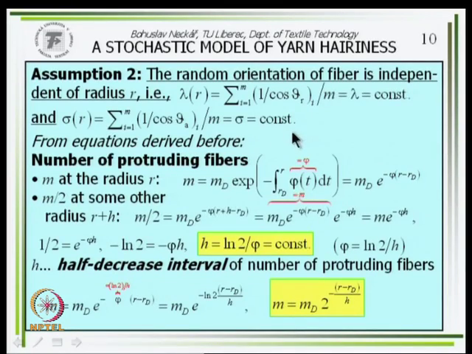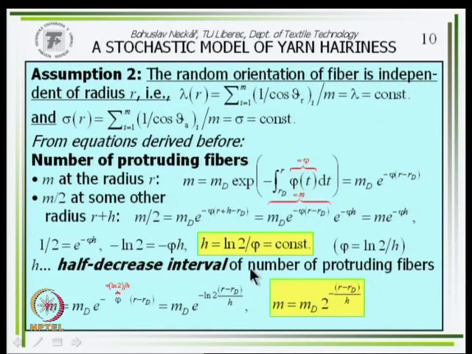If it is so, then the functions lambda r and sigma r are not functions, they are constants. So this is lambda, it's constant, and sigma is also constant. Yeah? It is our second assumption. Is it understandable?